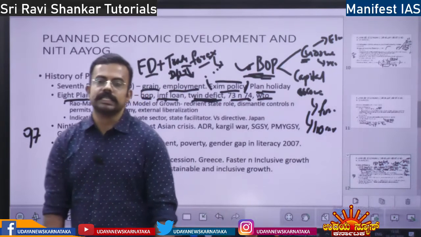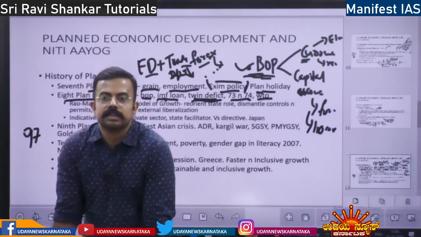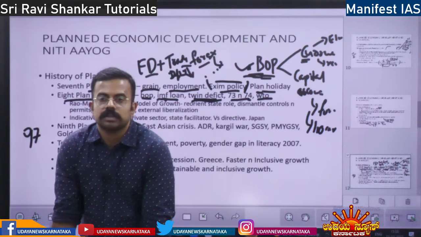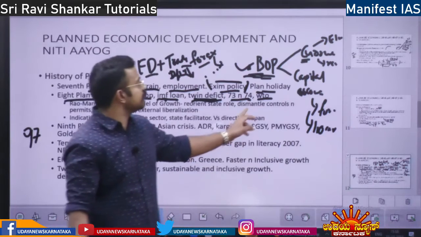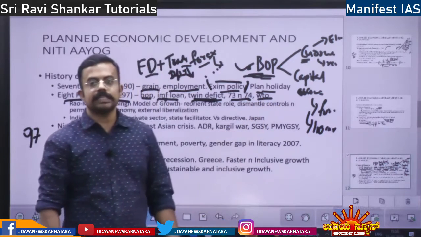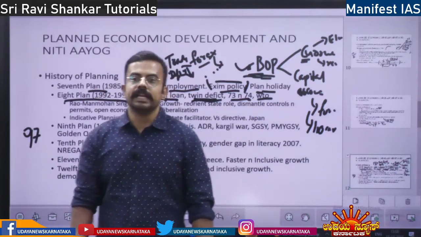World Trade Organization, 1995. First it was in the form of GATT, General Agreement on Tariffs and Trade. That will get converted into an organization called the World Trade Organization in 1995.